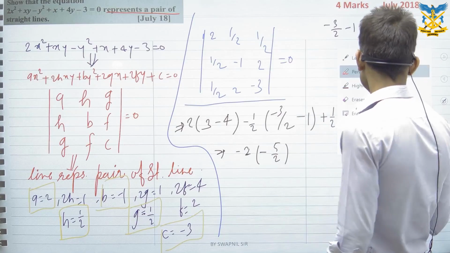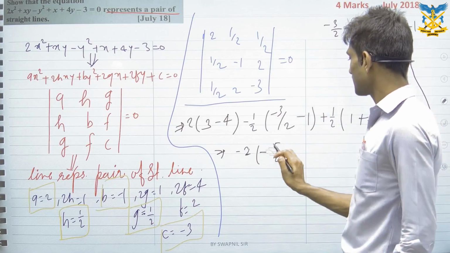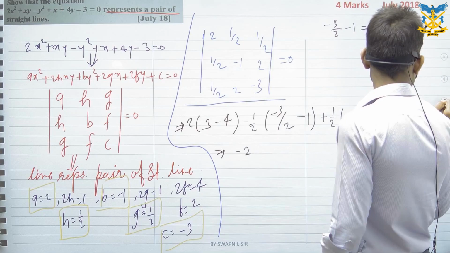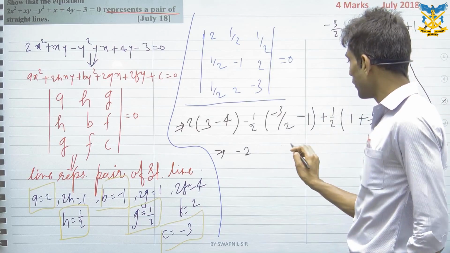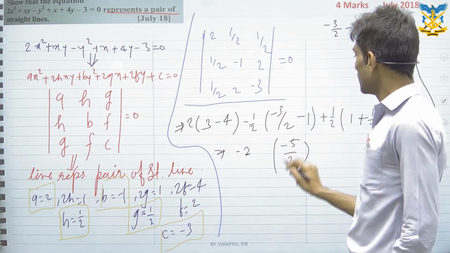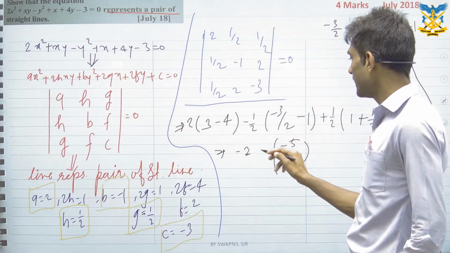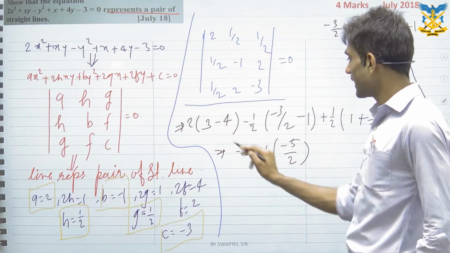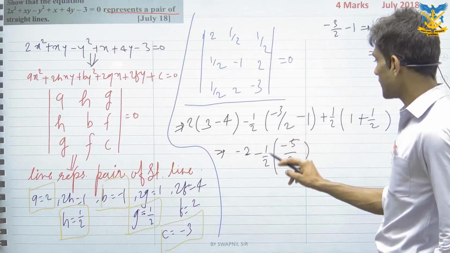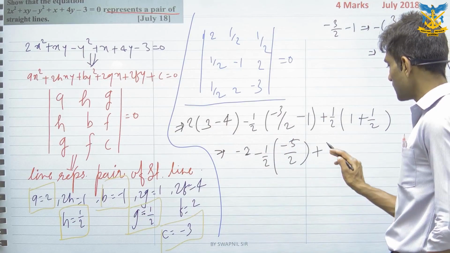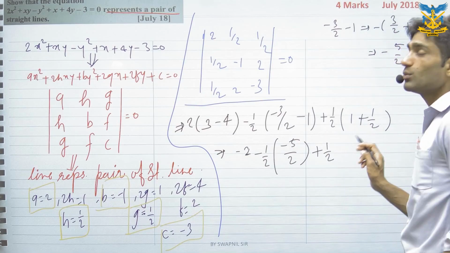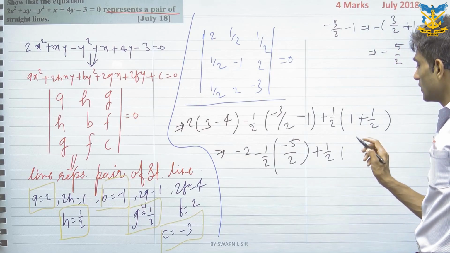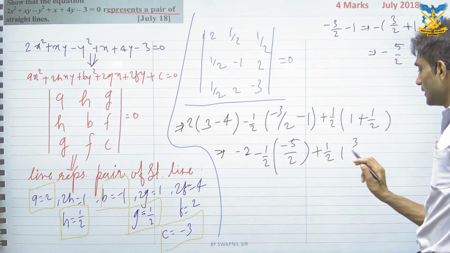Sorry, we have to go for the next step. We have negative of 5 by 2, which is the subtraction for this bracket, minus 2, and after that minus of 1 by 2 here. This minus 2 comes here, after that minus 1 by 2, and plus 1 by 2, keep as it is. 1 plus 1 by 2, 2 ones are 2 plus 1, which is 3 by 2.